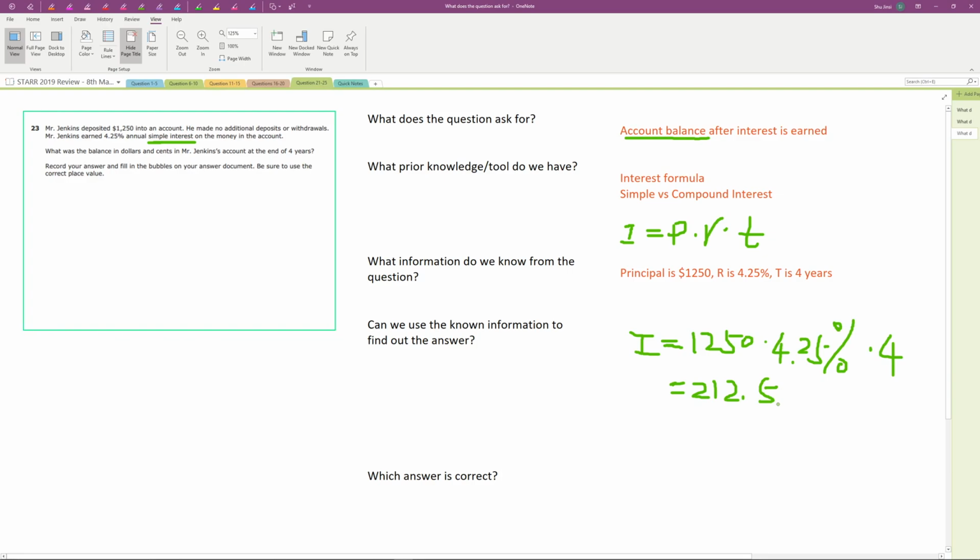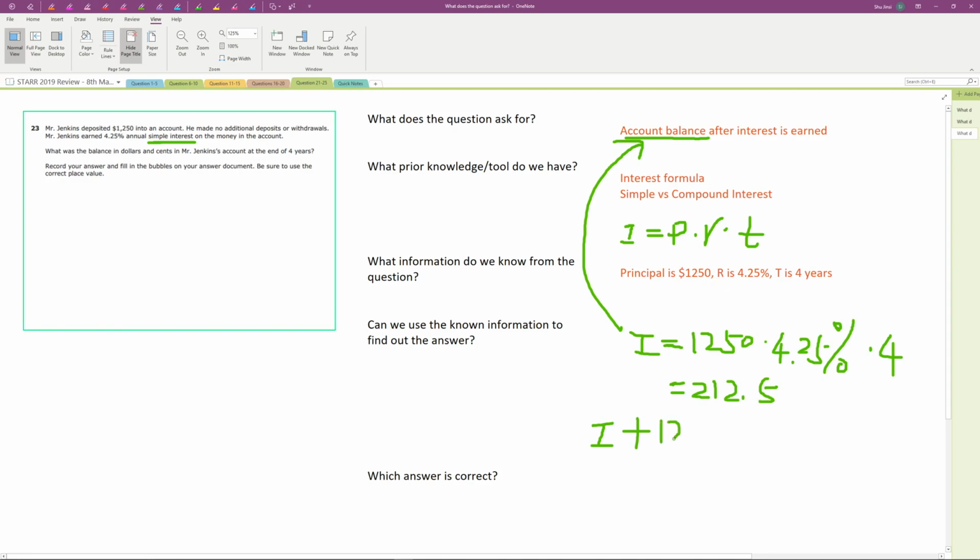Okay, so we applied the formula and we got 212.50. Is that the answer? Well, we are just one step from the answer. Remember, this I is the interest, but we need the account balance. So for the account balance, we need to use the interest plus the original principal that we deposited.